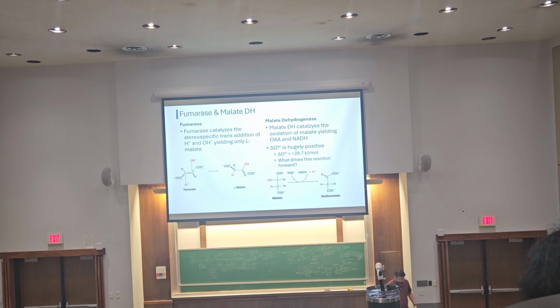So we have our hydration there, and what fumarase does, again, it just catalyzes the stereospecific addition of this H2O. Notice it's not actually just adding an H2O, it's adding an H plus to carbon number 2 or 3, depending how you want to call it, and a hydroxyl to carbon, again, 2 or 3, depending on how you want to call it. This gives us specifically L-malate.